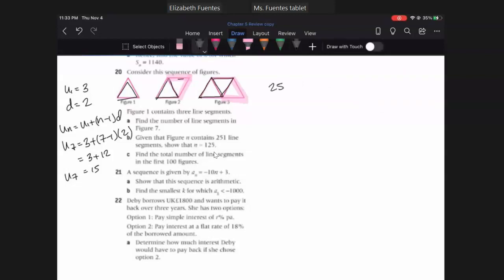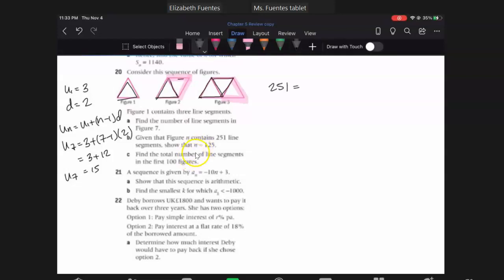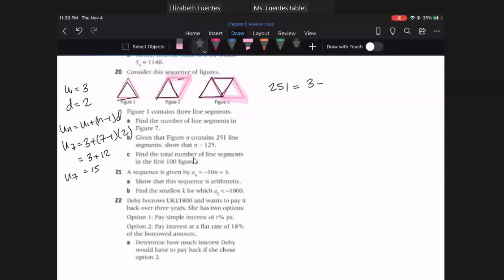So they give us the end result. And remember, when it says show that or prove that, you plug in both values. And so I'm going to plug in 3 plus this 125 for n. My common difference is still 2.